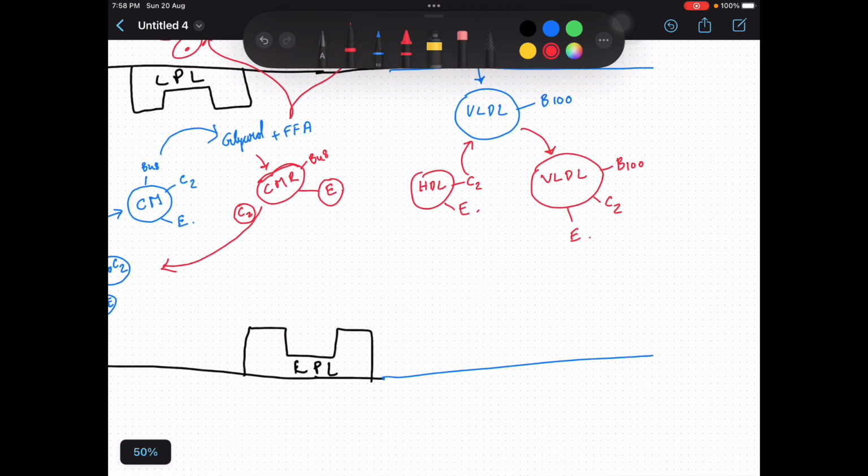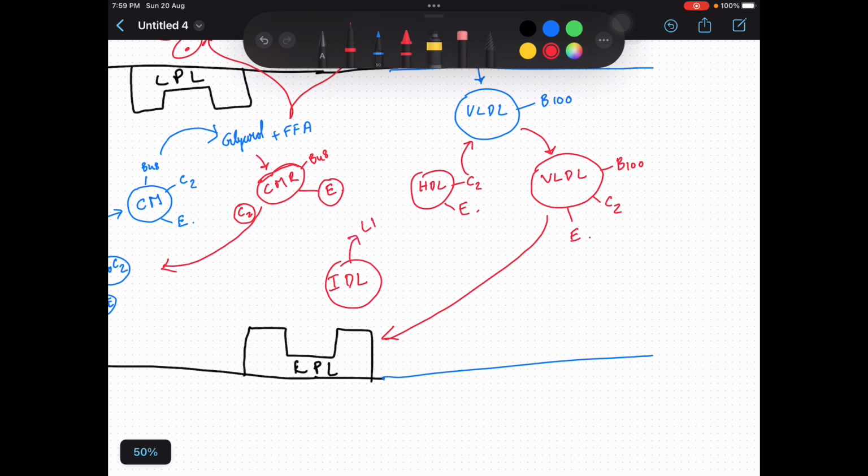Now VLDL can be attracted to the lipoprotein lipase like a magnet with the help of ApoC2. VLDL comes to the lipoprotein lipase and gets broken down to form triacylglycerol and free fatty acids, forming IDL.